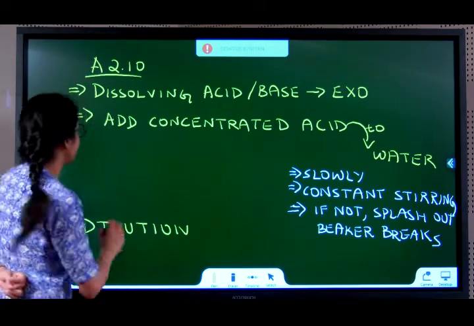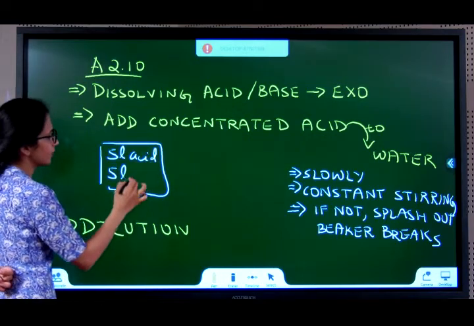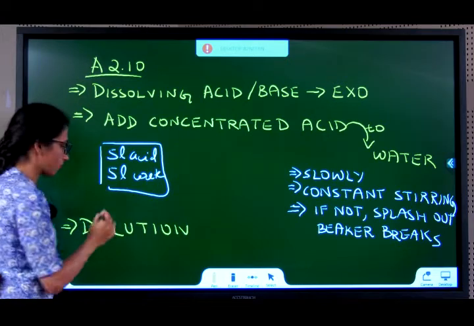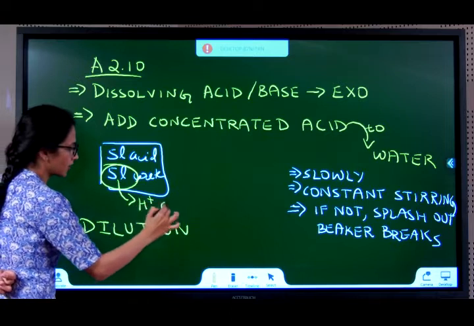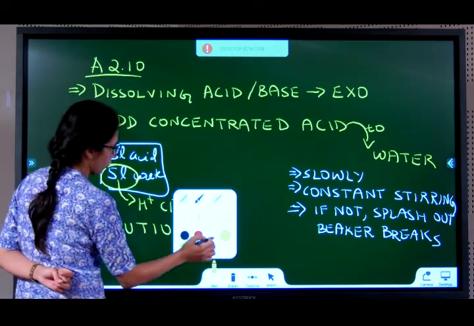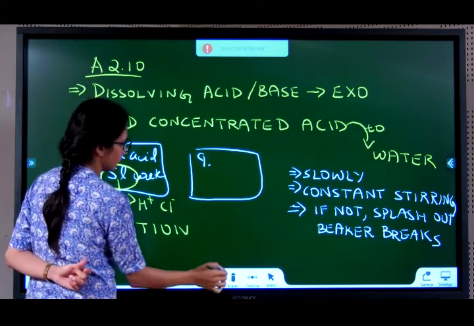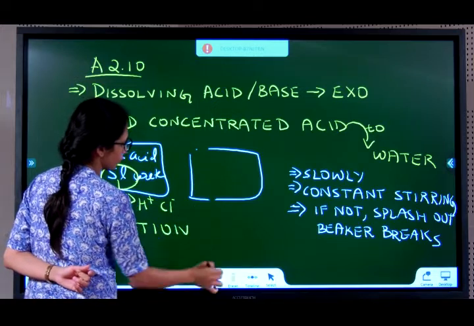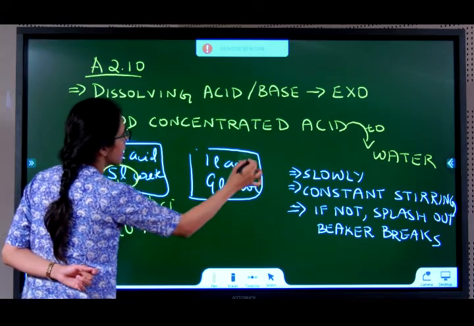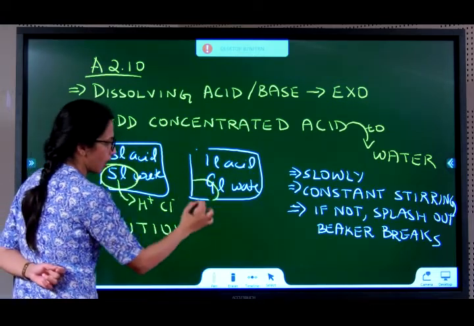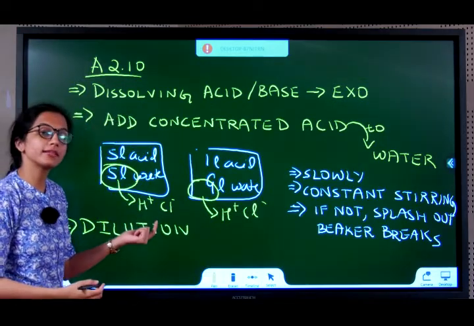Meaning, if I take 5 liters of the acid and put it in 5 liters of water, and from this I remove 1 liter of the substance and check how many H plus and Cl minus ions are there, and if I do the same experiment with 9 liters of water and 1 liter of acid and check how many H plus and Cl minus ions are there, tell me who will have more H plus?